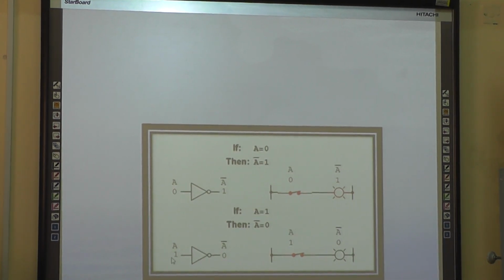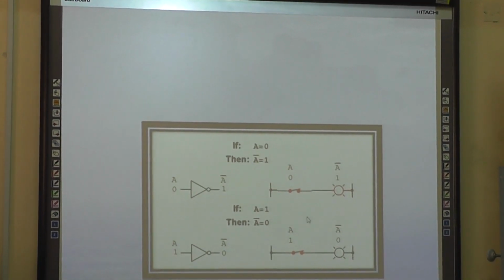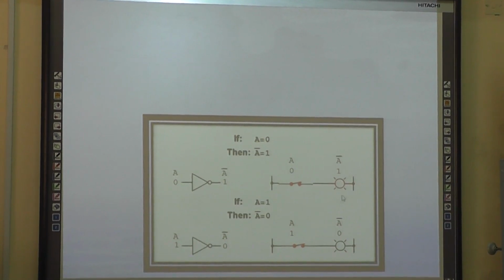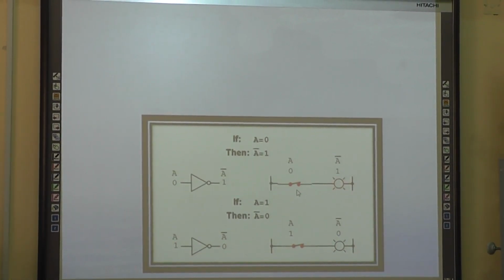And 1 will become output of 0. So in this circuit, if it is 0, then the output is 1. And if it is 1, the output is 0.